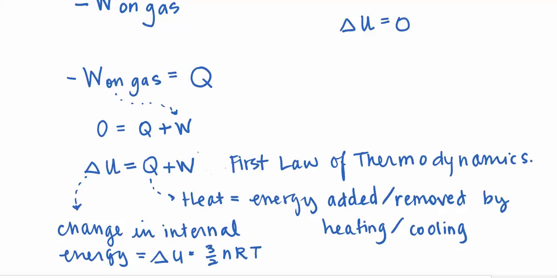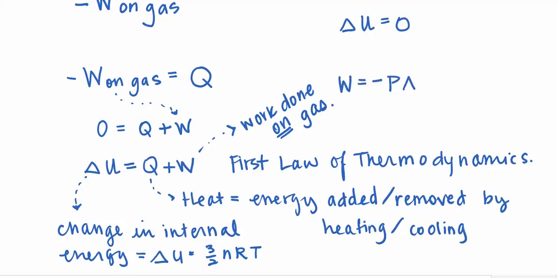And then W is the work done on the gas. And remember that we wrote that as work was equal to negative P delta V as the work done on the gas.